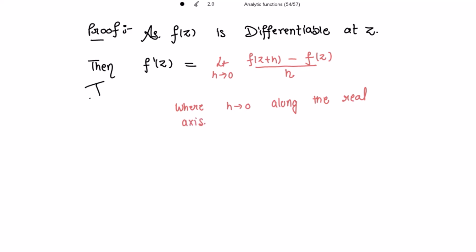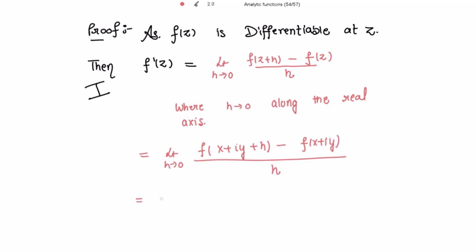So first we take h tending to 0 along the real axis. This is equal to the limit as h tends to 0 of [f(x+iy+h) - f(x+iy)]/h, separating the real and imaginary parts.